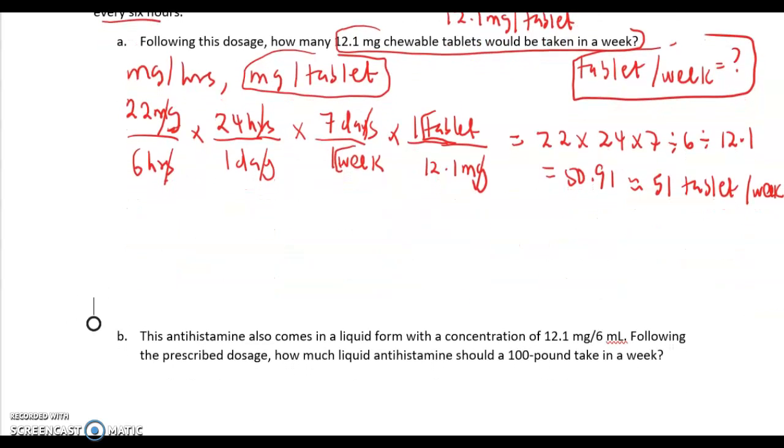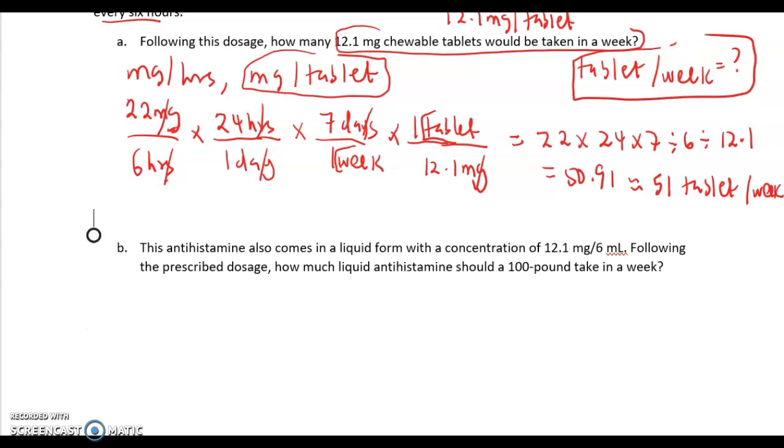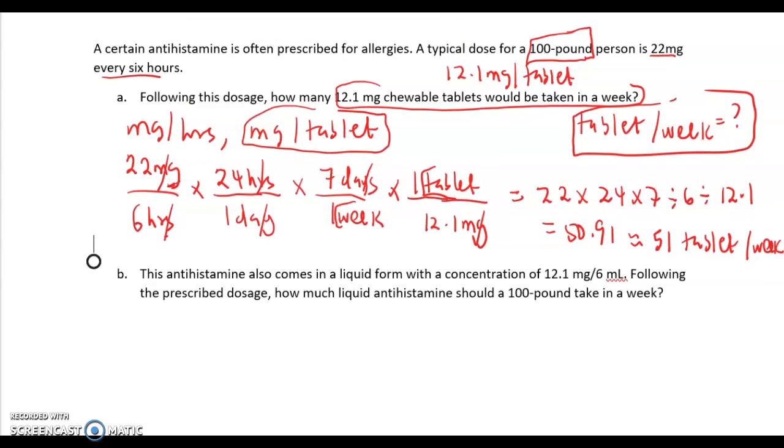Now the second part, which is the B part, we want to have our final unit as milliliters per week. Again, the unit that is involved in the problem is the milligram per hours. We are still not going to use 100 pounds.